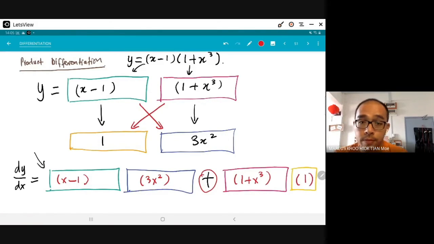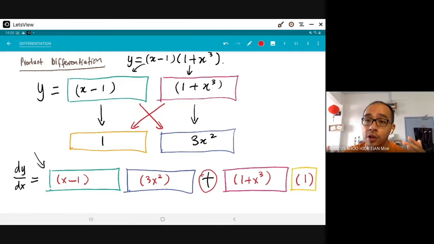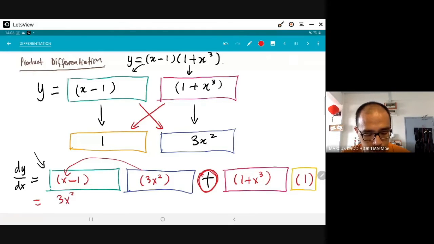So this is how I like to teach product differentiation. You separate it out first, you differentiate it individually, then you cross multiply. But when you cross multiply, you must add a plus in the middle over here. Then after that, it becomes very easy. This one and this one, we will get 3x cubed minus 3x squared.